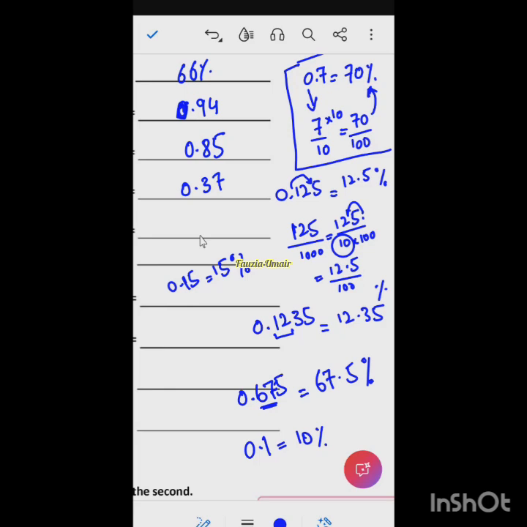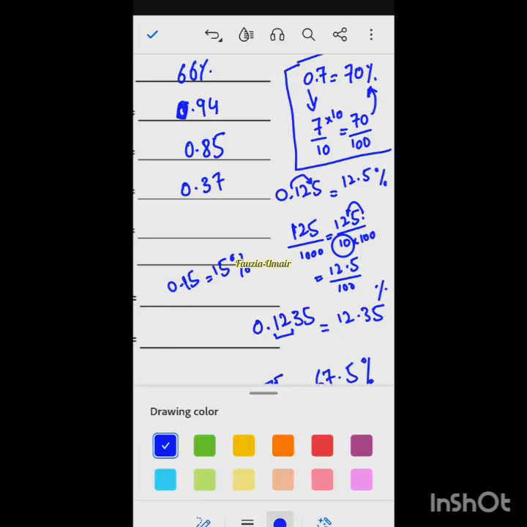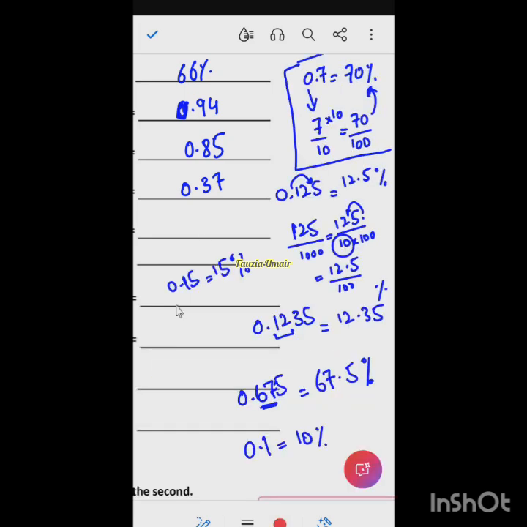Now let's do the other way around, from percentage to decimal. For example, if it is 58%, we know the decimal is 0.58. Now if it is 8%, what is the decimal form? 0.08.